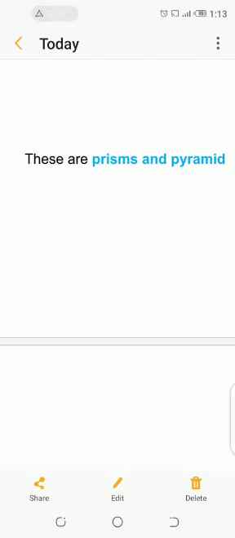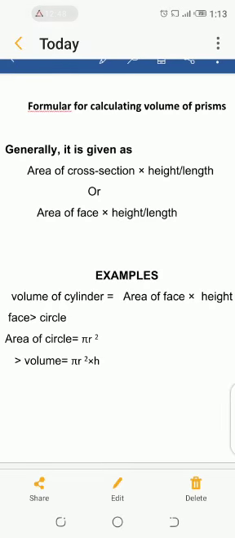So let's now take a look at the formula for calculating the volume of a cylinder. A cylinder has a circular face, and recall, we have treated the area of circles. The formula for calculating the area of a circle is what? Pi r square. So this implies that the volume of a cylinder is given as the area of the circular face times height.